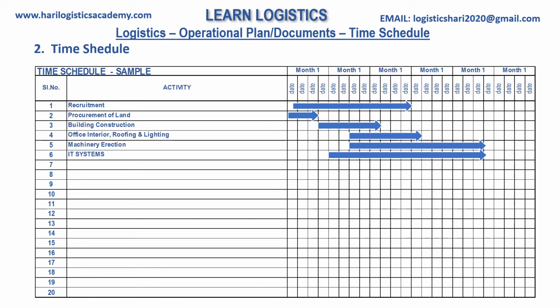We have to detail out all the activities. Then the month, starting date, and the end date, or month wise, day wise, or weekly wise, as you wish. You can change this format based on your requirement.